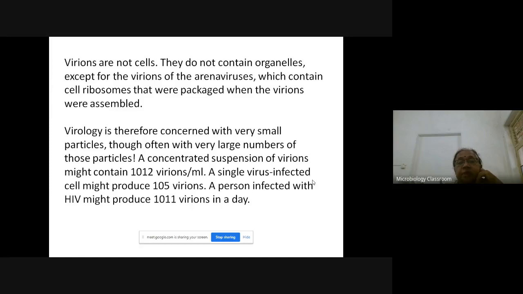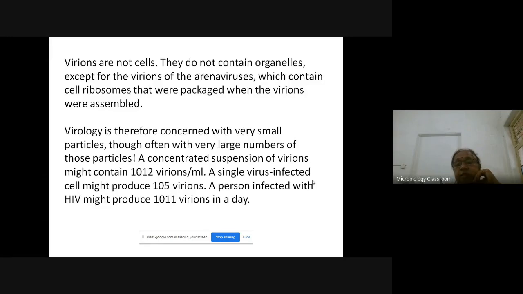We had also seen, as we saw yesterday, that viruses are not cells. They do not contain organelles, except for the arenaviruses. A single virus can infect a cell, use the cell's machinery, and is responsible for the reproduction of itself, having a large number of particles at the end at the expense of the cell.